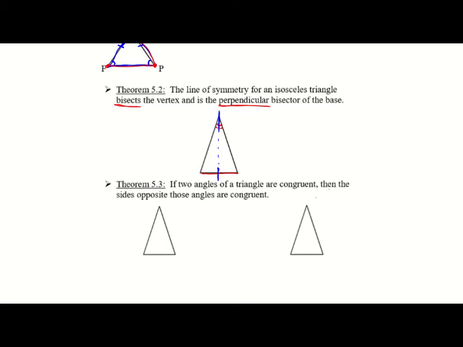So this side right here is the same as this side right here. And then it's also perpendicular, so that means that this angle right here between my line of symmetry and the base of my triangle is 90 degrees. Okay, so this is always going to be true for every isosceles triangle.